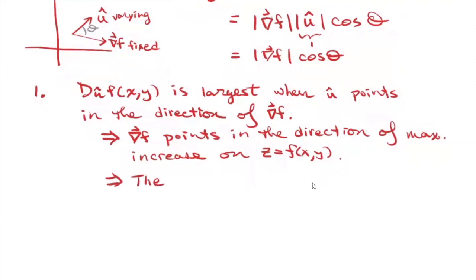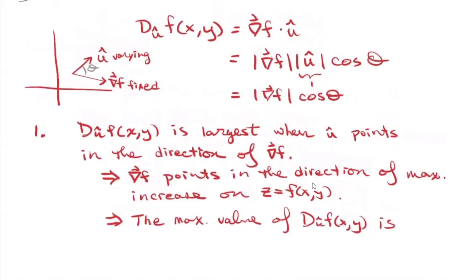In that direction, the maximum value of the directional derivative is what? Can you say it out loud? You don't want to type it. In that direction, we said theta is 0. So what's cosine theta? Well, cosine of 0 is 1.